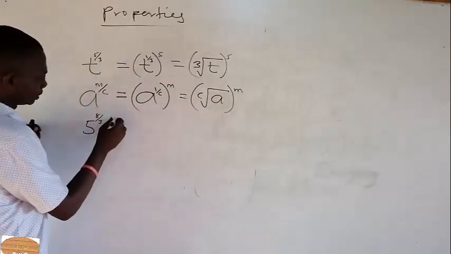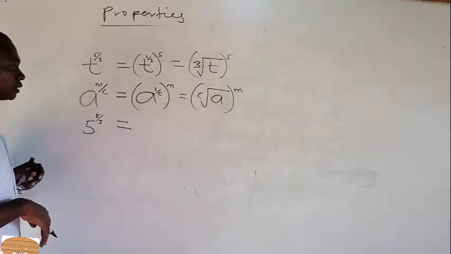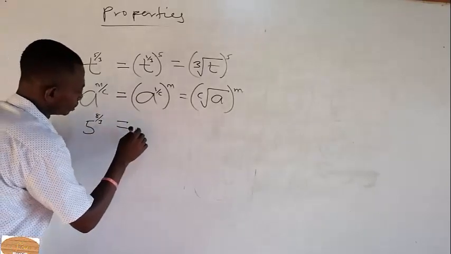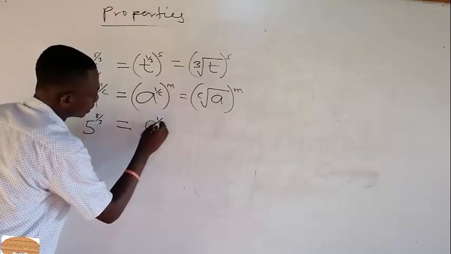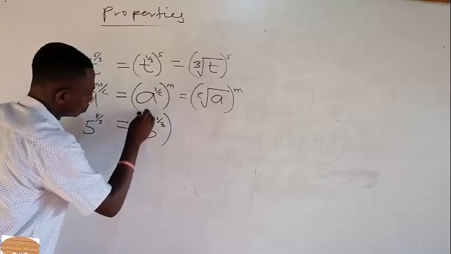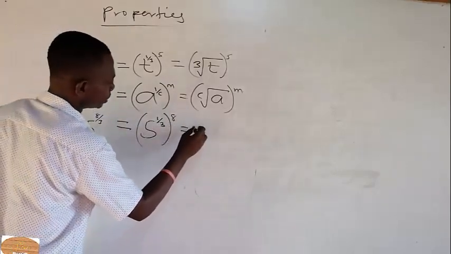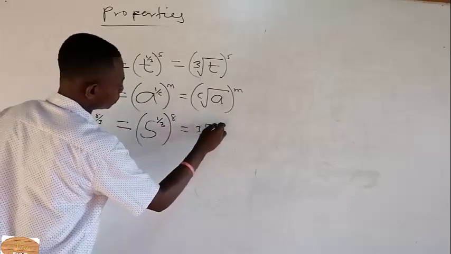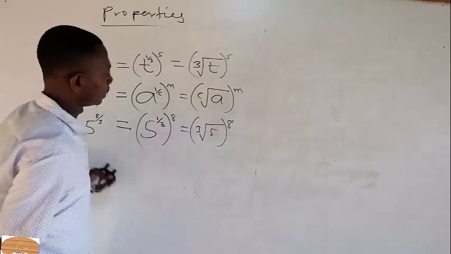So this one is 5 to the power 8 over 3. How do you write this one? This one is the same as 5 to the power 1 over 3, all to the power 8, and this gives us the cube root of 5, all to the power 8. Alright.